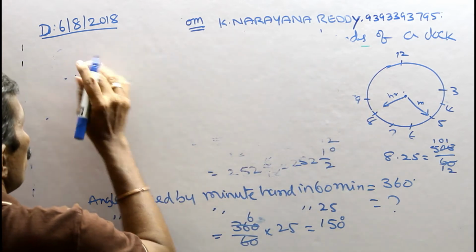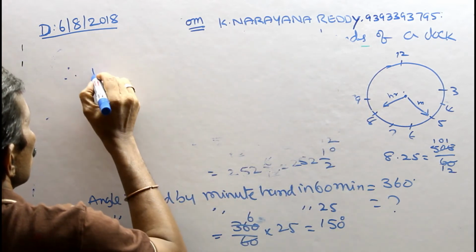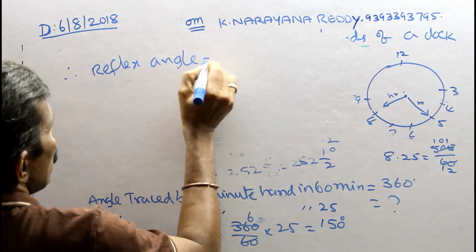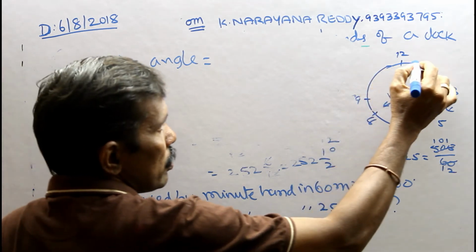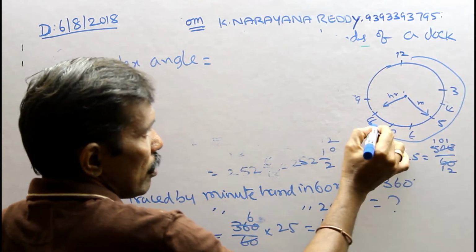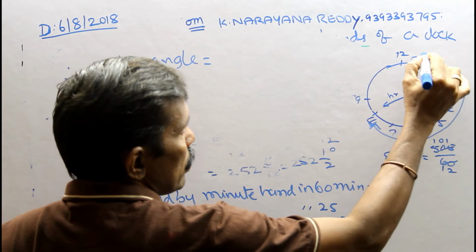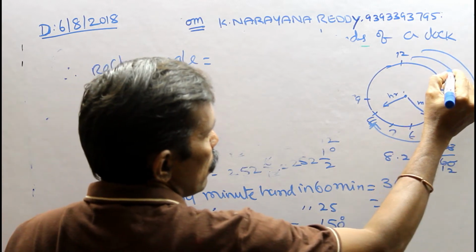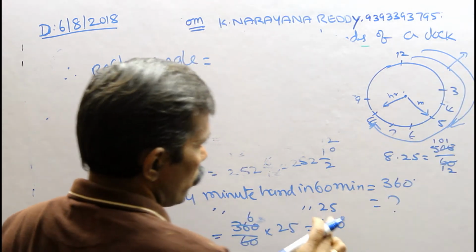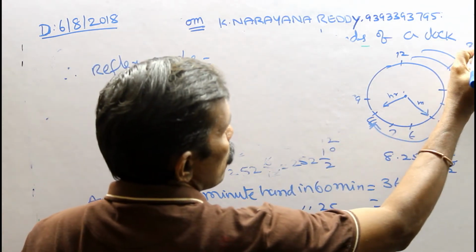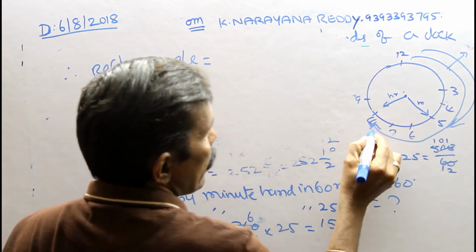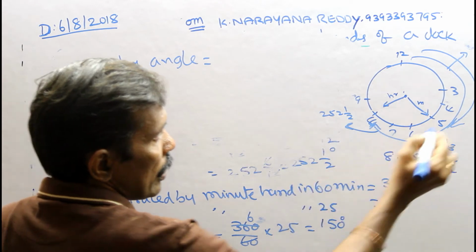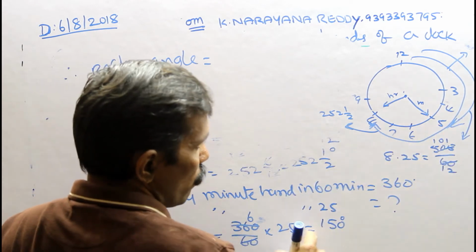Therefore, the angle equals, this is one angle, this is another angle. So this will be 252 1 by 2. This will be 150 degrees.